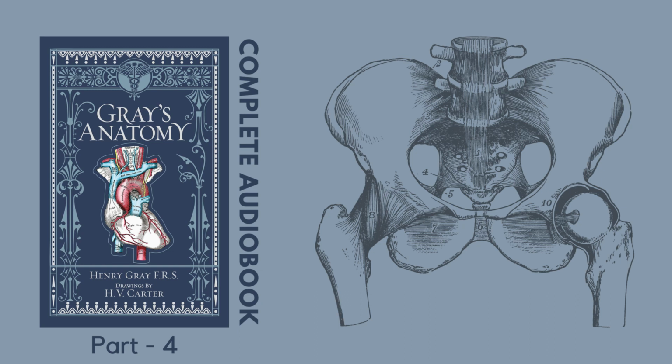The other notches, one on either side, are formed by the sacrum and coccyx behind, the ischium in front, and the ilium above. They are called the sciatic notches. In the natural state they are converted into foramina by the sacrotuberous and sacrospinous ligaments.